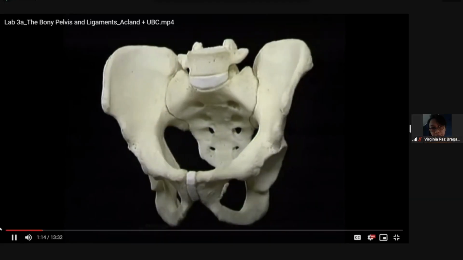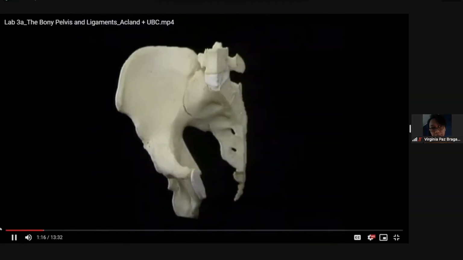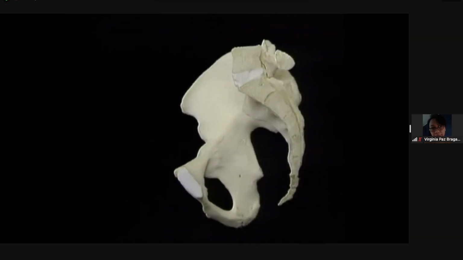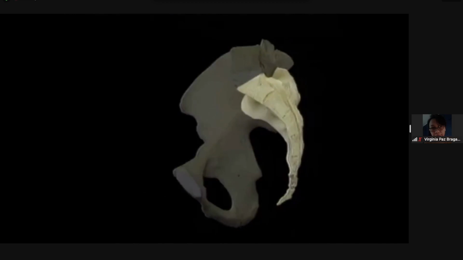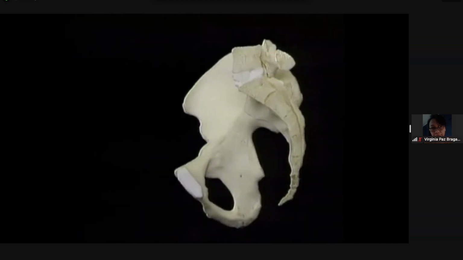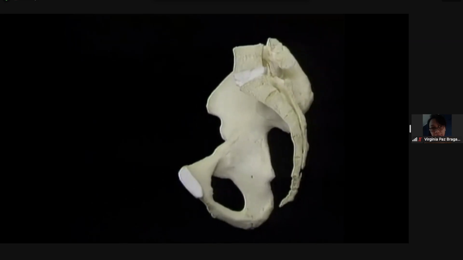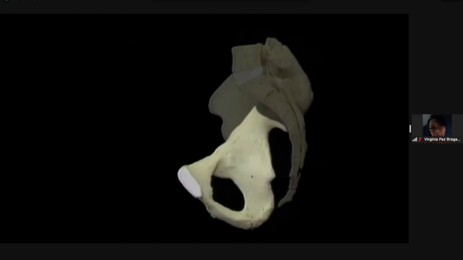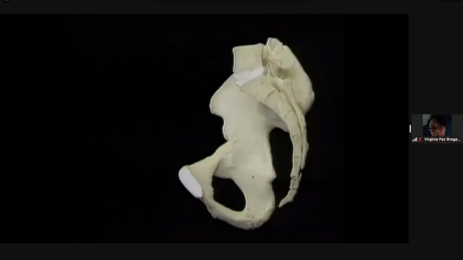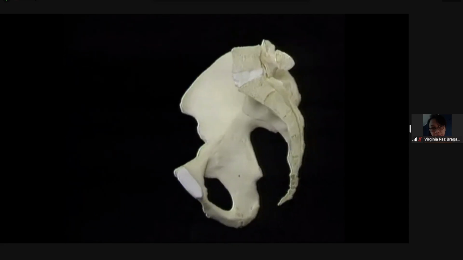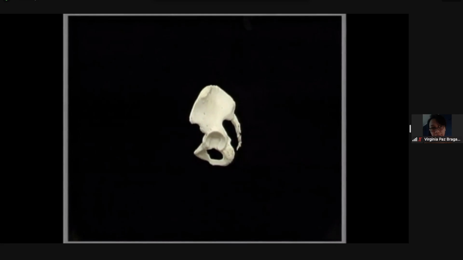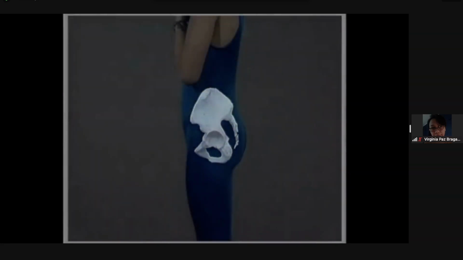We looked at the features of the upper part of the bony pelvis in the last section. The bones that contribute to the walls of the pelvic cavity are the sacrum and the coccyx behind, and the lower parts of the hip bone in front and at the side. We're looking at the bones in the position they occupy when we're standing upright.